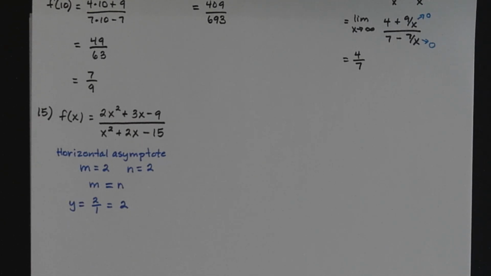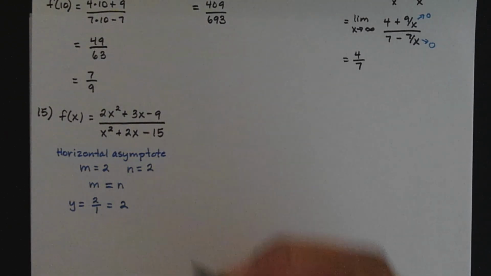Okay. All right, questions on, well, just the horizontal asymptote. Now for the vertical asymptote.